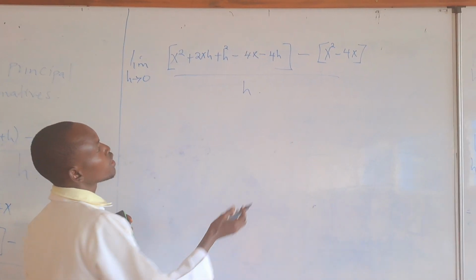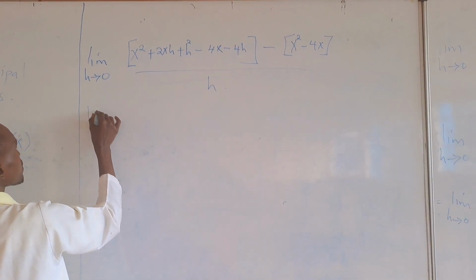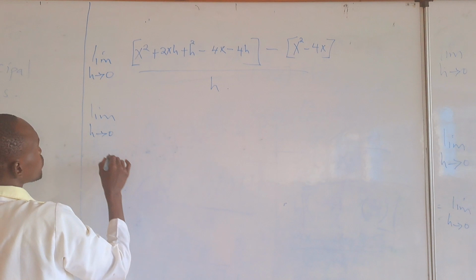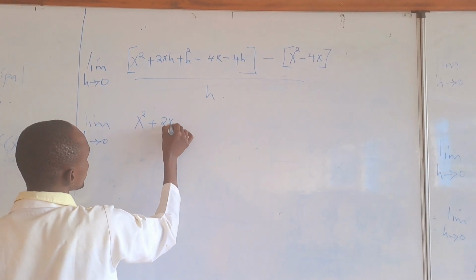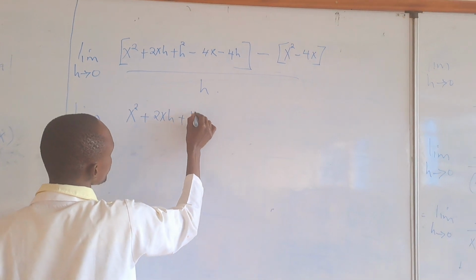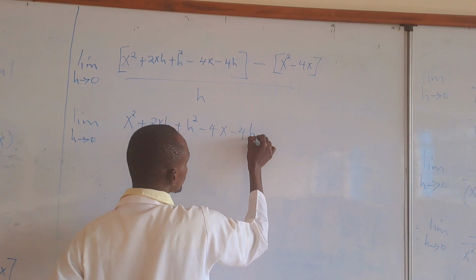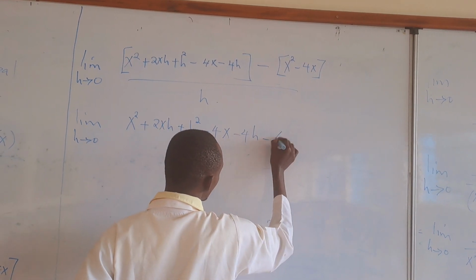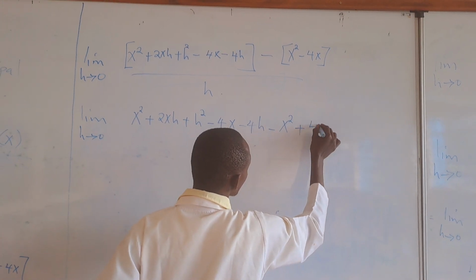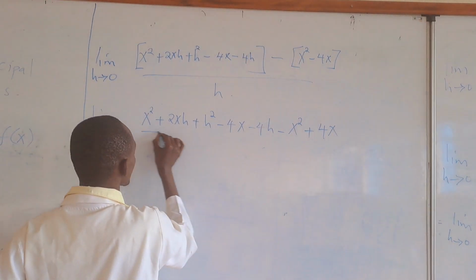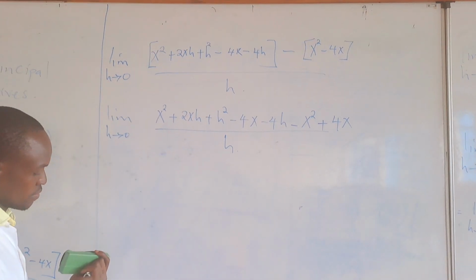Now we open this bracket, so we have limit as h tends to 0 of x squared plus 2xh plus h squared minus 4x minus 4h. Now if we open this bracket, it will be minus x squared, but this will be positive, plus 4x, but everything here divided by h.